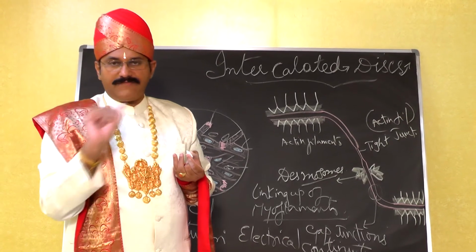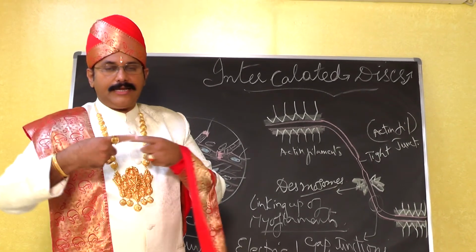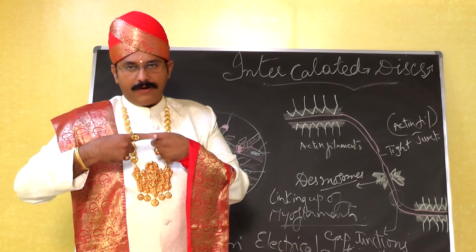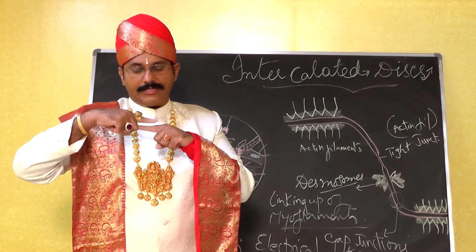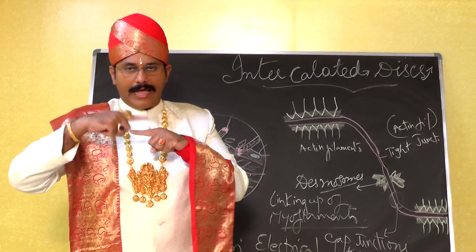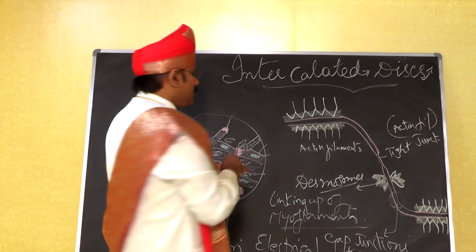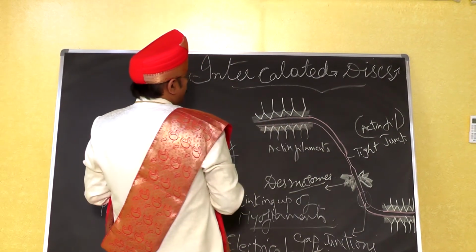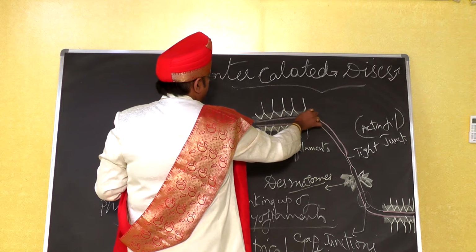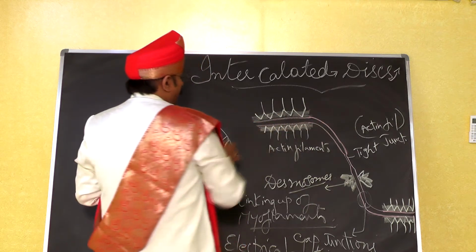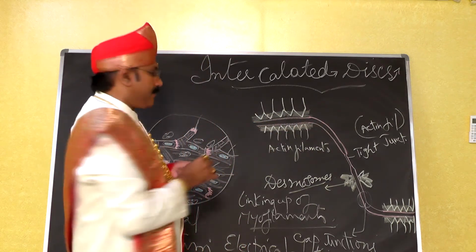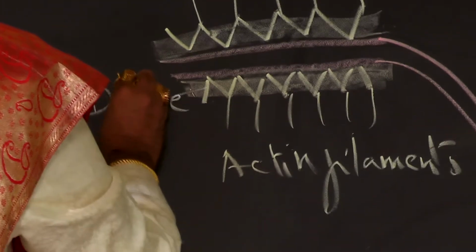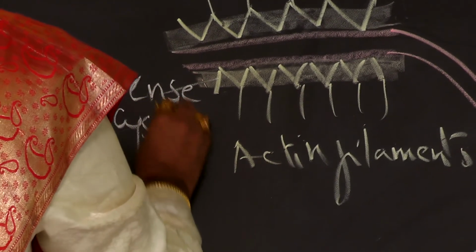They are seen in the form of zigzag lines, present between the opposed membranes of the adjacent cardiac myocytes. Here are the cell membranes of the adjacent cardiac myocytes, and the dense cytoplasm very close to the cell membrane. In this cytoplasm we have the actin filaments.